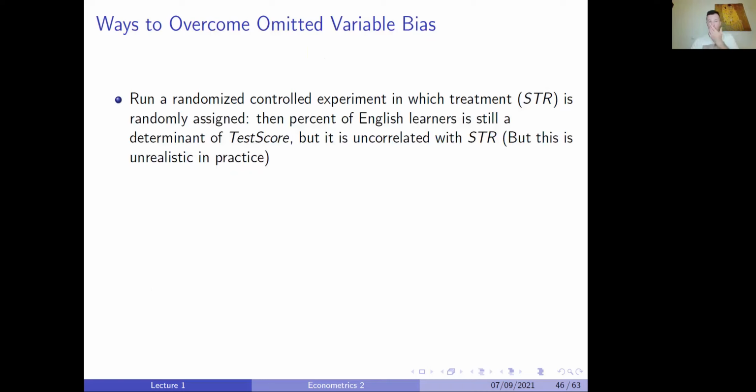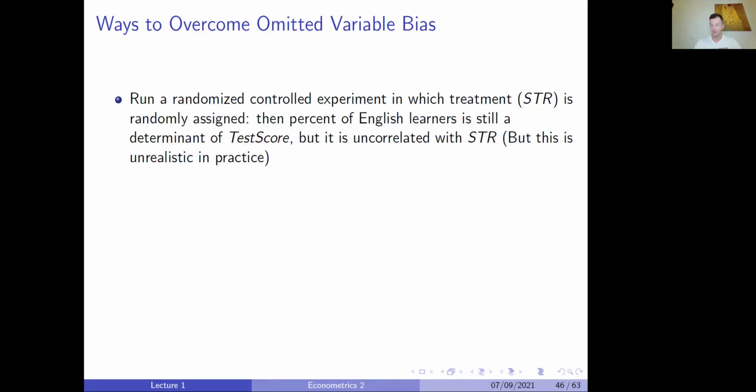So how can we overcome omitted variable bias? The first thing is to run a randomized controlled experiment. So randomly assign treatment, the student-teacher ratio, between districts, and then look at the educational outcome after some time. It's not possible. It's not realistic. We cannot make experiments on people, on students.